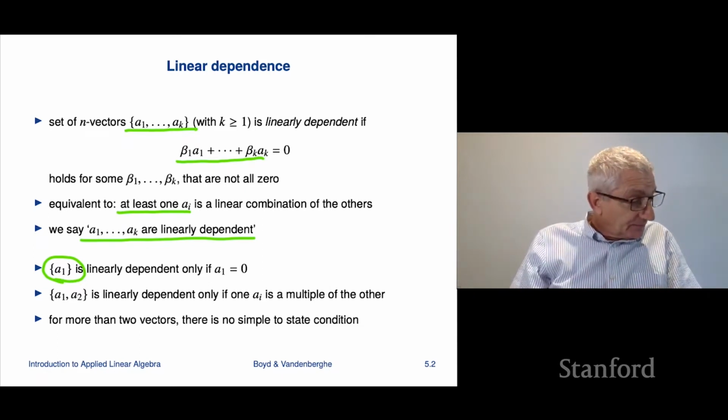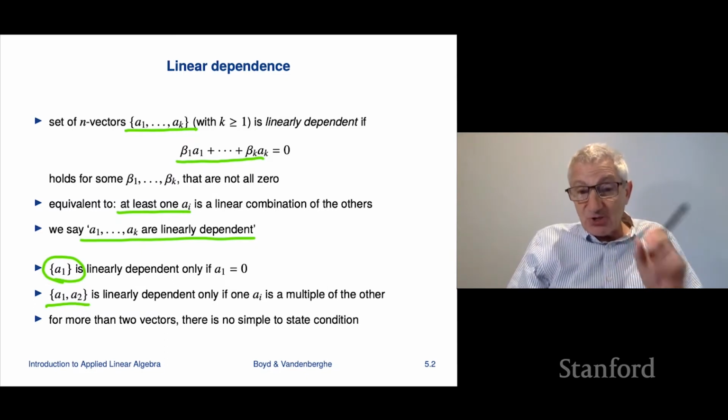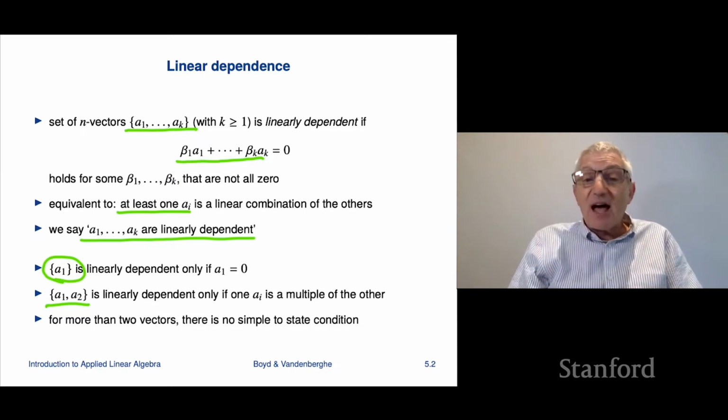If I have two, the set with two entries, A1 and A2, is linearly dependent only if one of them is a multiple of the other, okay? And that means actually they lie on the same line, roughly speaking. Now, for more than two vectors, there's no simple condition to state, right?